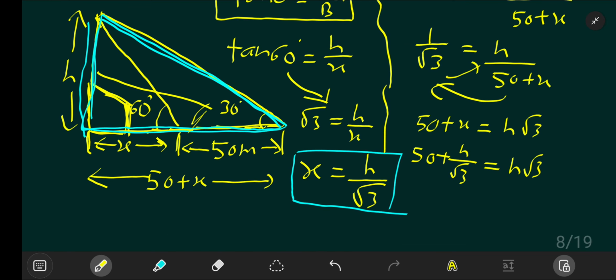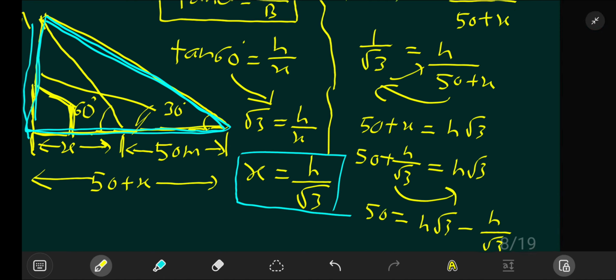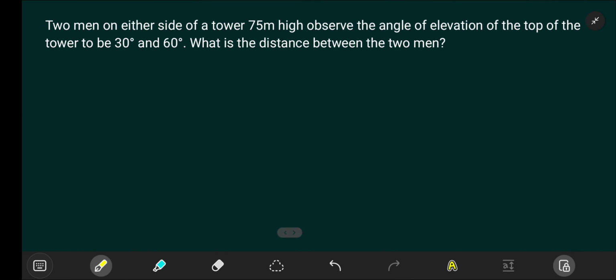Now send this to the left hand side. 50 is equal to h root 3 minus h by root 3. Now take the LCM. The LCM is root 3.